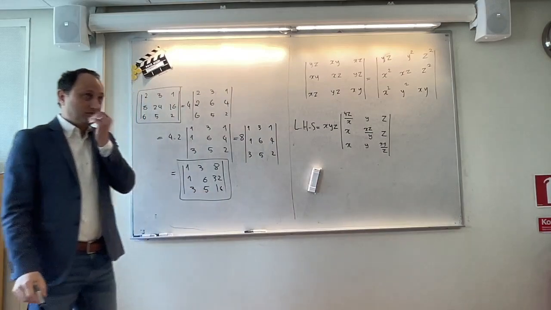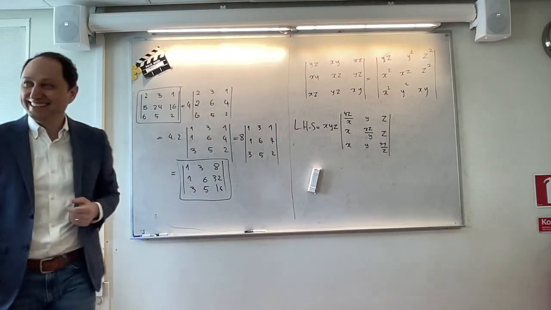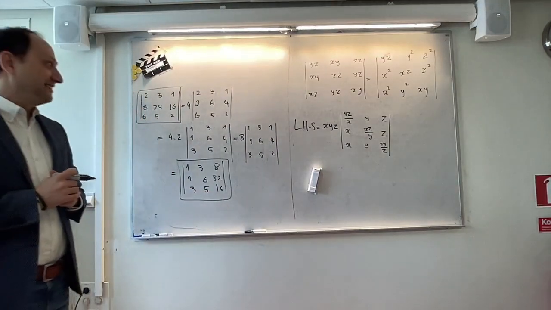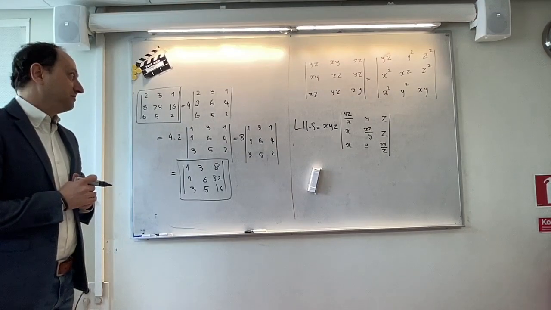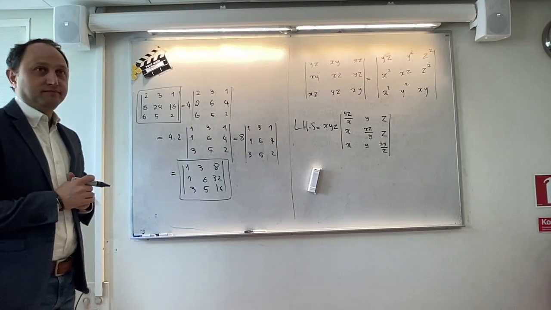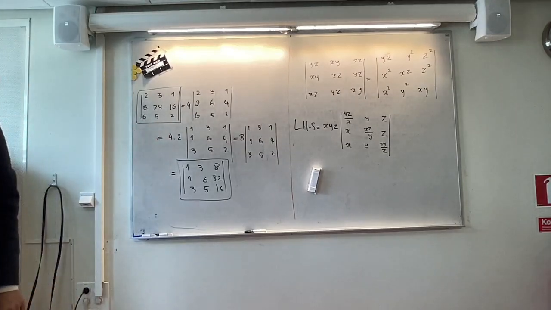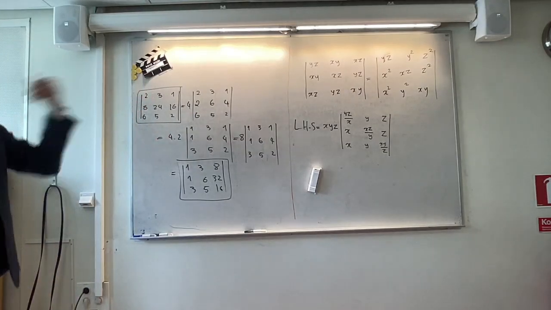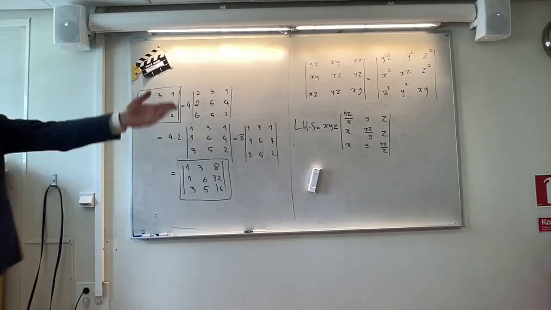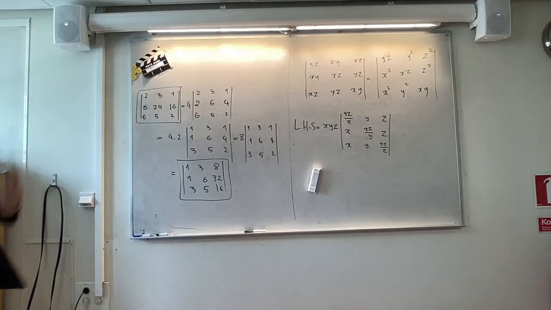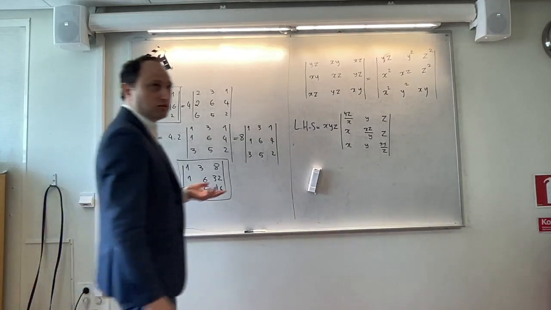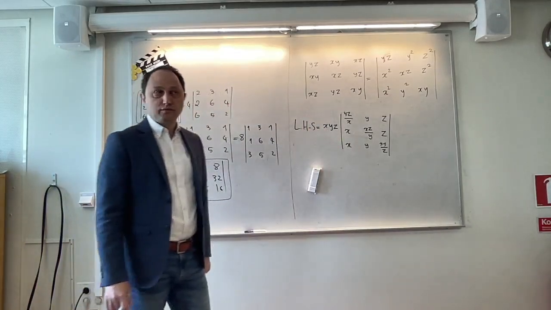No. So try to understand. What did I do? Yeah, I took x from the first row, but y from the second row, and z from the third. Yes? I did that. Is that right or not?